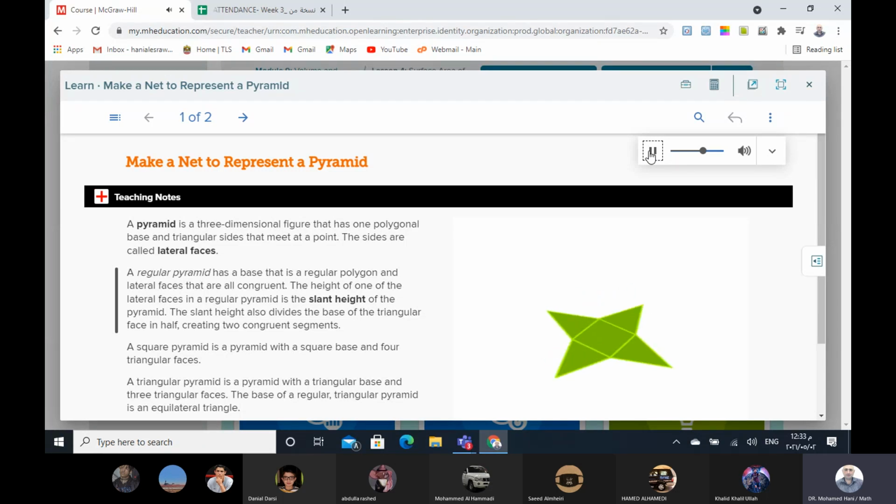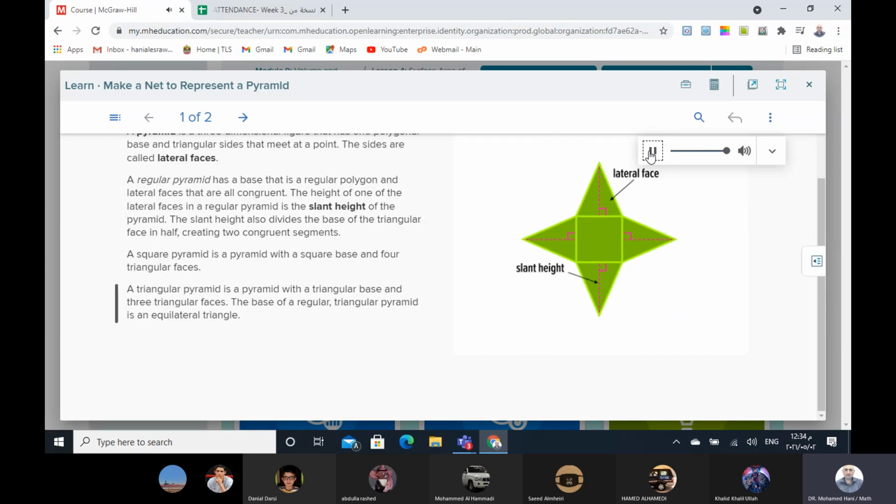The slant height also divides the base of the triangular face in half, creating two congruent segments. A square pyramid is a pyramid with a square base and four triangular faces. A triangular pyramid is a pyramid with a triangular base and three triangular faces. The base of a regular triangular pyramid is an equilateral triangle.